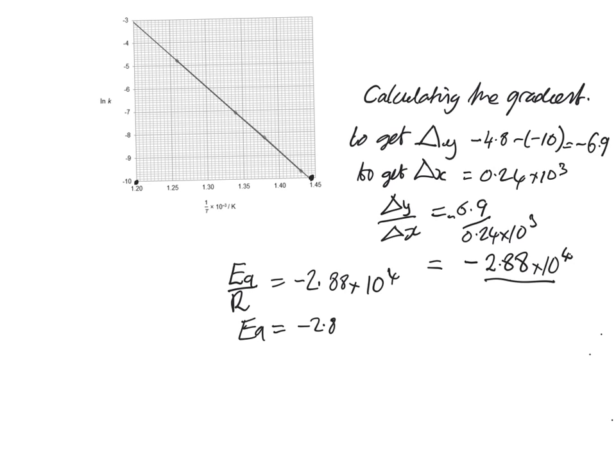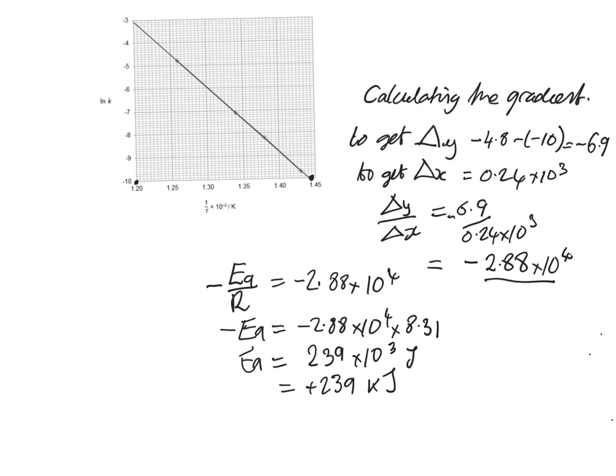EA equals 2.88 times 10 to the 4 times the gas constant 8.314, and that comes out to, well, that was minus EA, so minus EA equals, so therefore the activation enthalpy is equal to 239 times 10 to the 3 joules, which equals plus 239 kilojoules per mole.